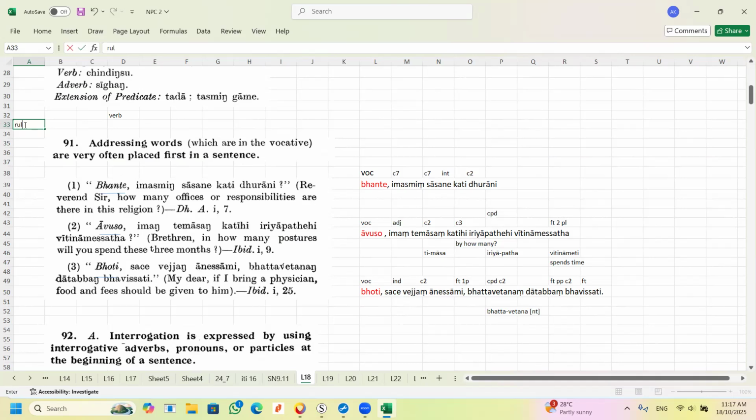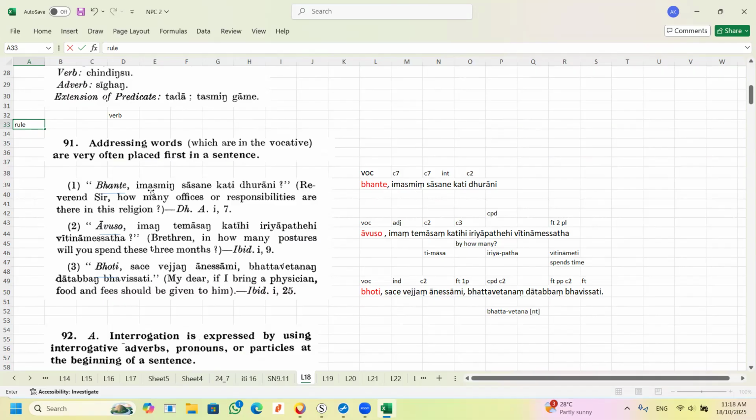So if you want to translate English to Pali, these are the rules you have to know, because this is vice versa. Vocatives are very often placed first in the sentences. It's like that.